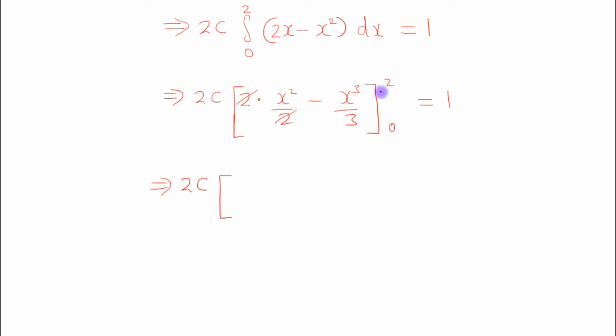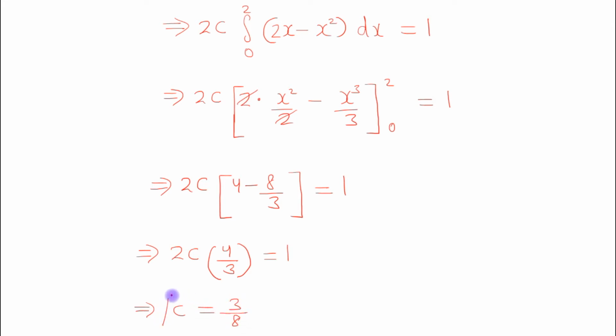Now when we put the limits into this bracket, it will become 4 minus 8 upon 3 equals 1. Next step, 2c times 4 upon 3 equals 1. Last step, c equals 3 upon 8. So this is the final answer. Fine.